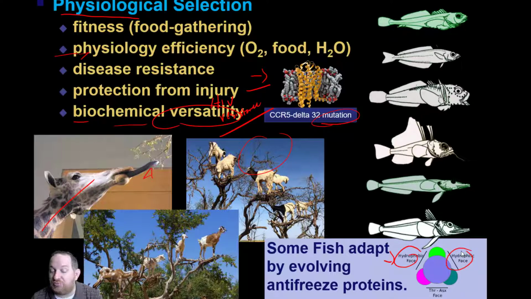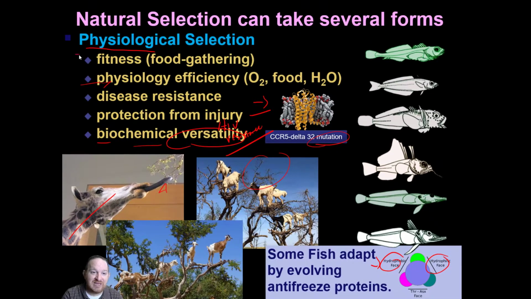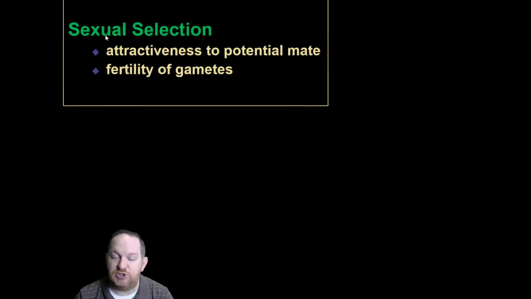These proteins, which we call antifreeze proteins, help them not to freeze, or help their internal fluids and physiology adapt to that really cold environment. So all of these things help physiology, so natural selection often selects many of these traits to move to the next generation.